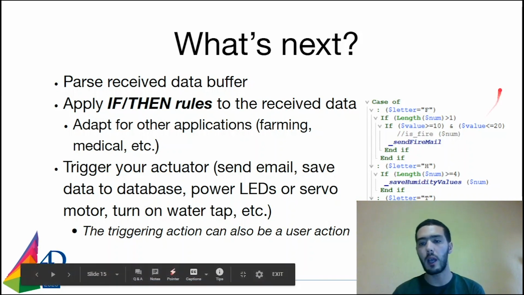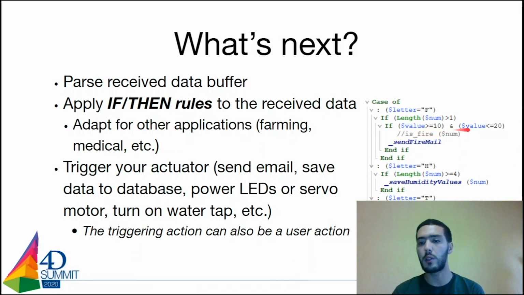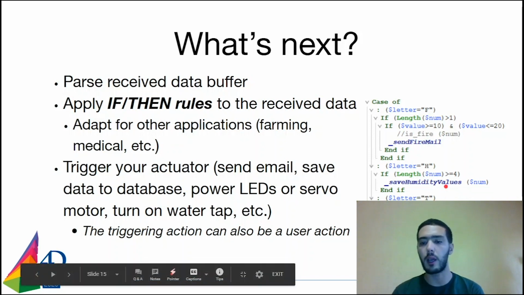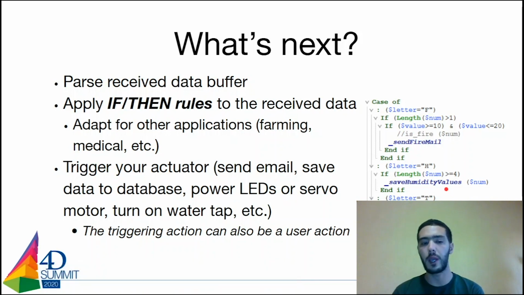In this case, I have a little code in 4D that will see that if the value is between 10 and 20, it will send a fire mail. For example, in the case of humidity and temperature, we will simply decide to save these values into our database.